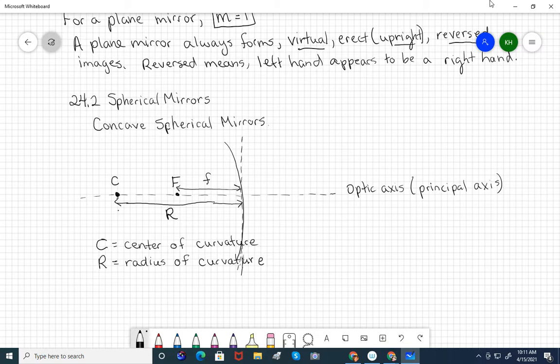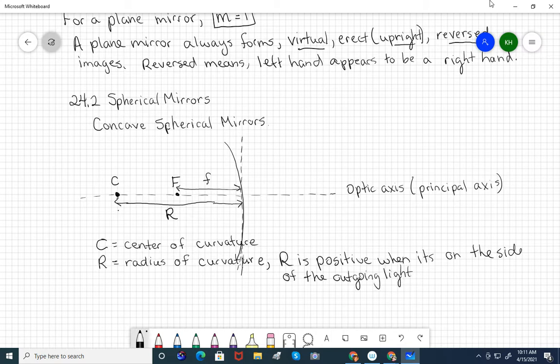Okay, R comes with an important sign rule. R is positive when it's on the side of the outgoing light.